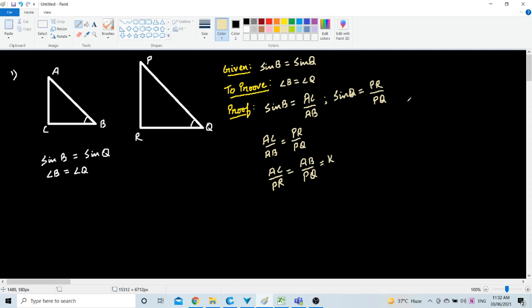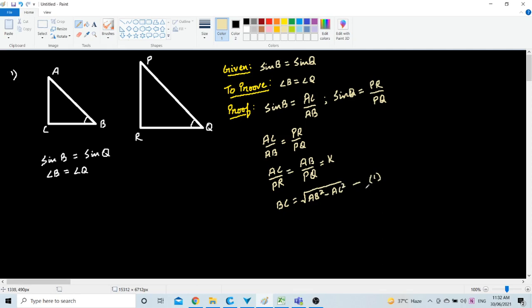Alright. Now if we talk about the base BC, according to the Pythagoras theorem, this will be under root of AB square minus AC square. Consider it as the first equation.